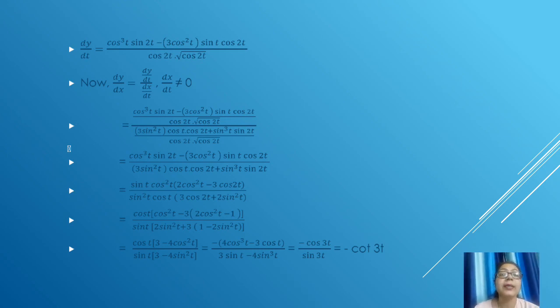So inside the bracket, after multiplying cos t, we get minus common, (4 cos³t minus 3 cos t) by (3 sin t minus 4 sin³t). The upper one is the formula of cos 3t, and the denominator is the formula of sin 3t. So by cot 3t, we are getting a minus sign before it.